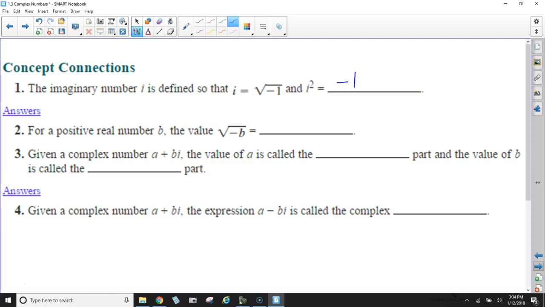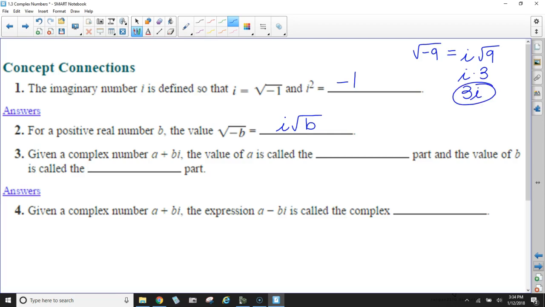For a positive real number b, the value square root of negative b is the same thing as i times the square root of b. And sometimes that square root of b will simplify. Remember we had square root of negative 9. Well, that rule says that that's going to be i times the square root of 9. So i times 3. Looks a little prettier to write that as 3i. Remember that example?